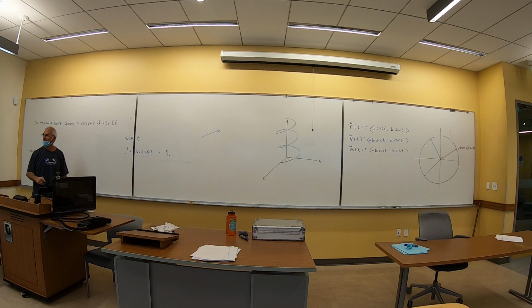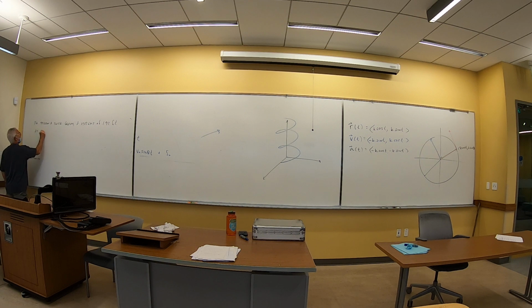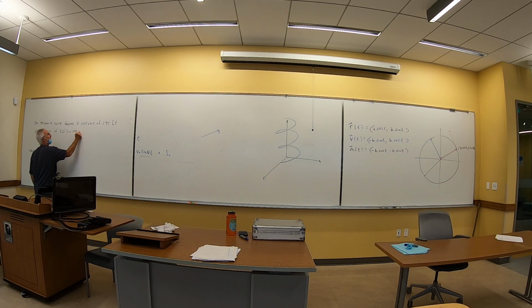That makes it easier, right? And you're throwing a rock from a height of 192 feet at an angle of 30 degrees, that's with the horizontal. We always measure the angle against the ground, not against the vertical. That would be kind of confusing.